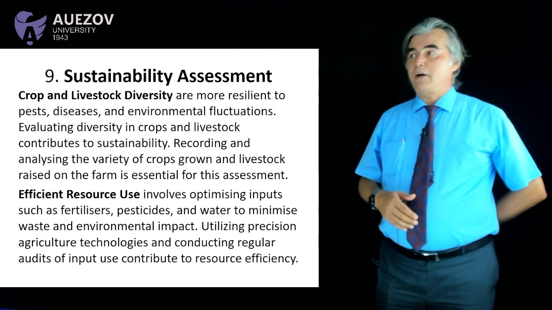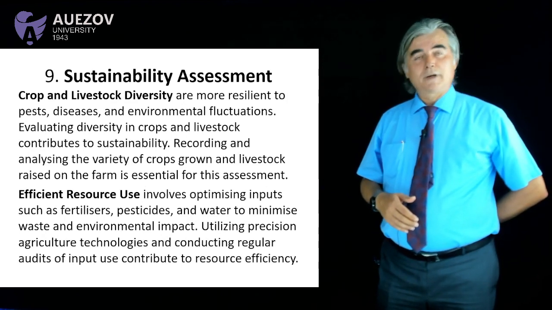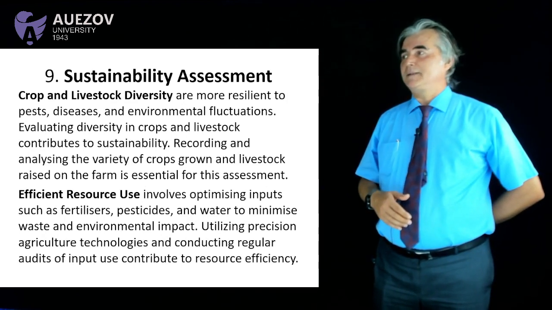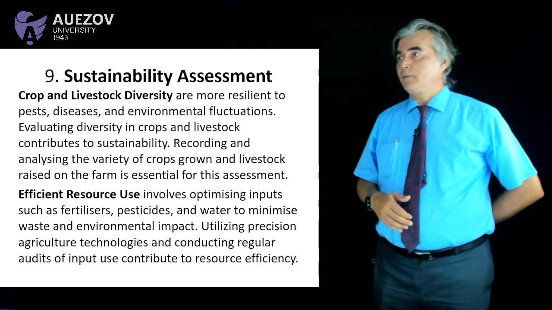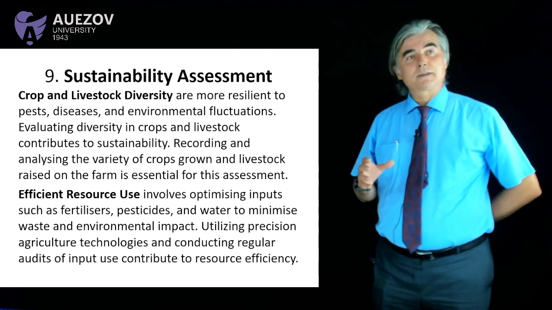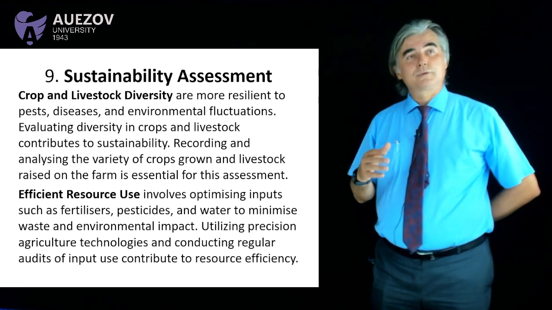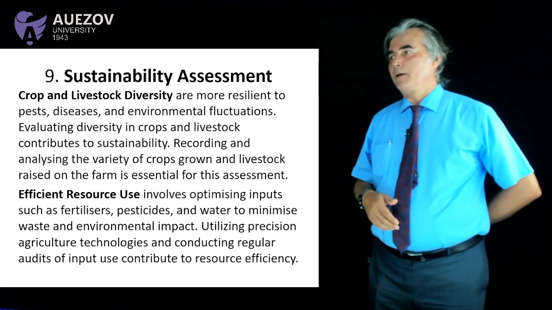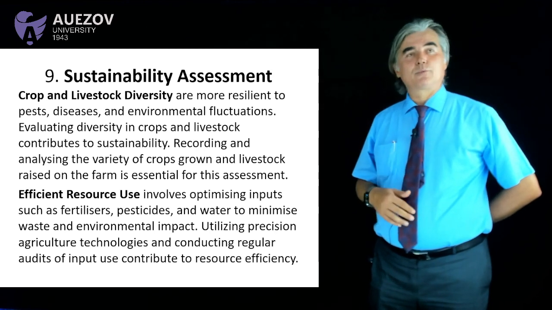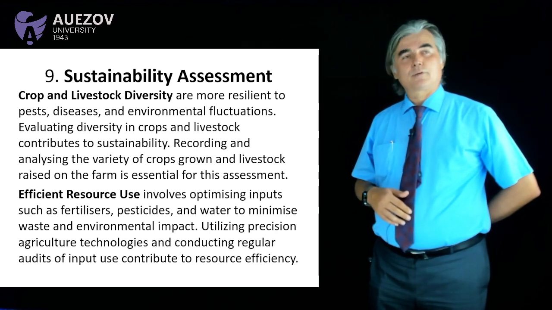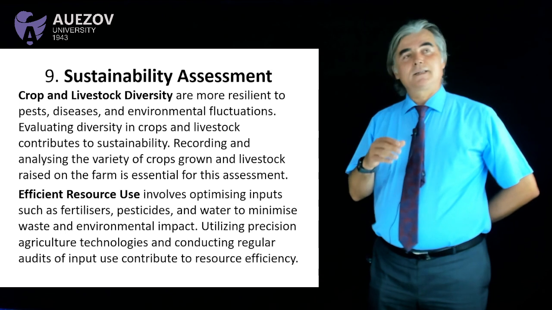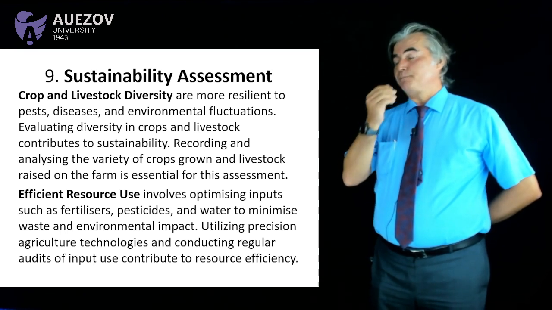Crop and livestock diversity are more resilient to pests, disease, and environmental fluctuation. Evaluating diversity in crops and livestock contributes to sustainability. Recording and analyzing the variety of crops grown and livestock raised on the farm is essential to this assessment.